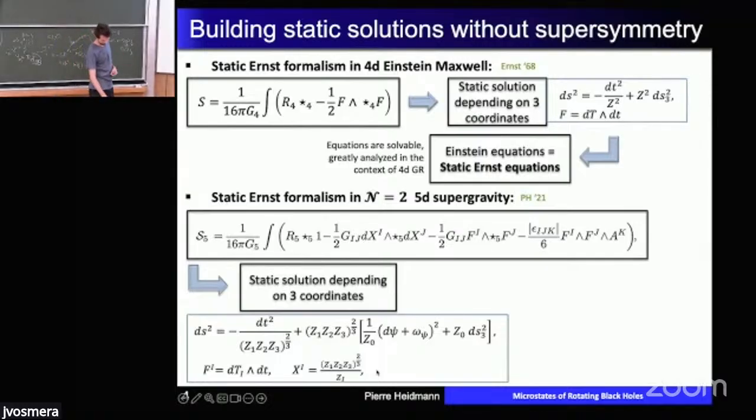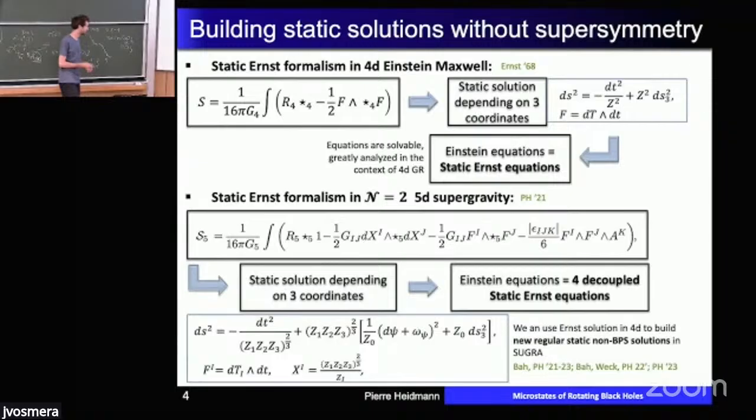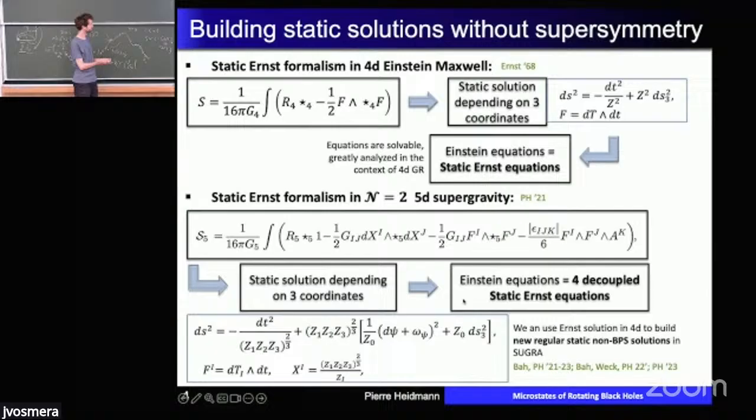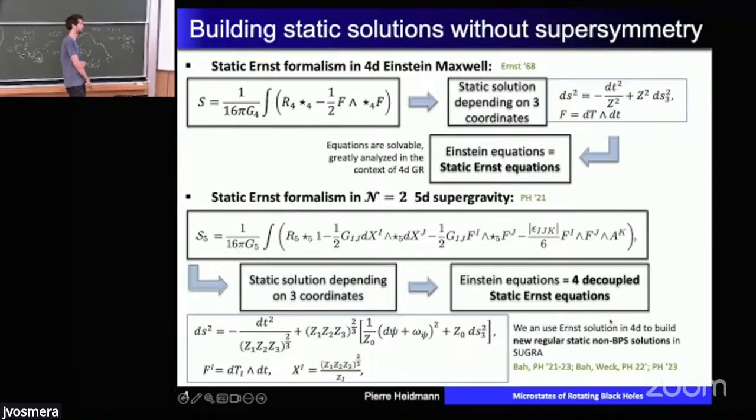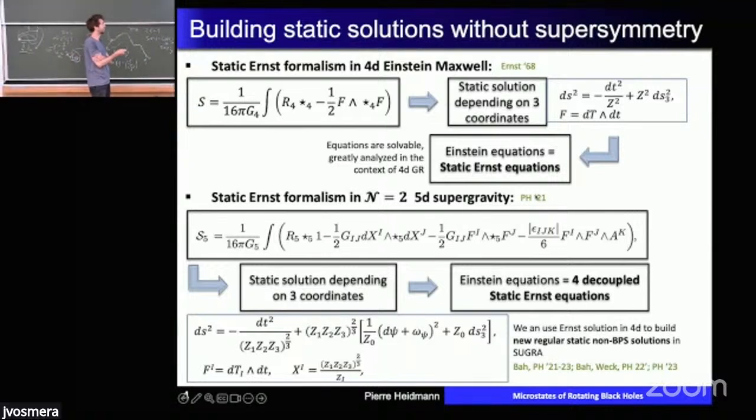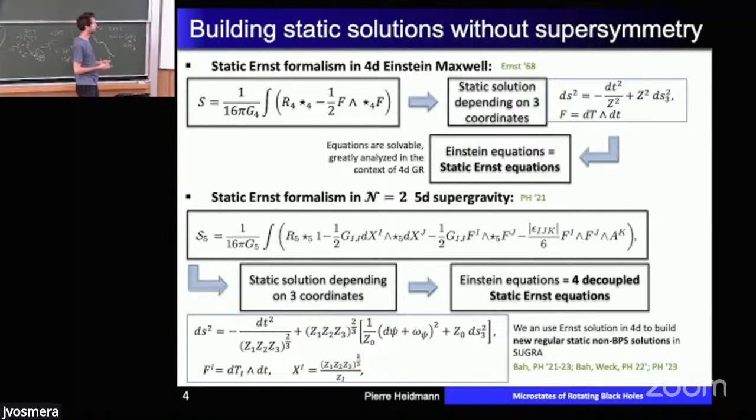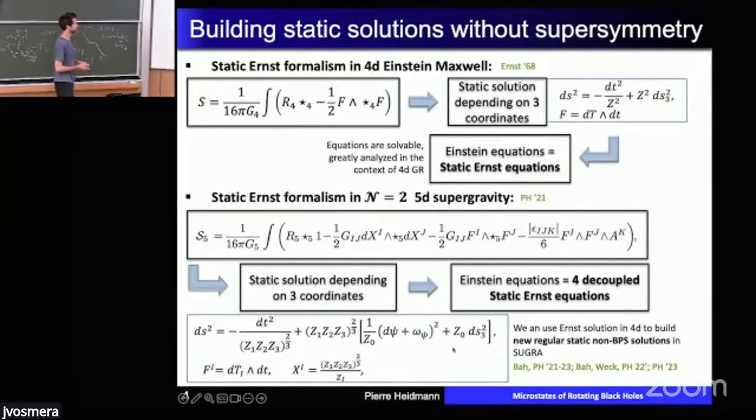And there is a kind of miracle happening here: the Einstein equation for this setup is exactly four decoupled static Ernst equations, because you have four Z's. They're completely decoupled. It's exactly the equation you get in 4D, but now extended to 5D supergravity. So what does that mean? It means that we can use all the work that clever people did in GR solving those static Ernst equations, but now inside supergravity, where you expect more solutions, and build interesting objects like static non-BPS smooth horizonless solutions.